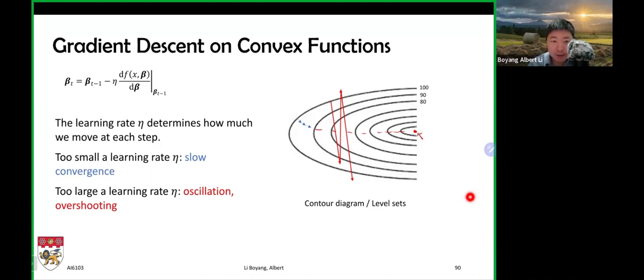On the other hand, I also don't want to use a learning rate that is too large, as I'm illustrating using these red arrows. If I'm starting from this position and I go here, because clearly this point, let me change to a different color.